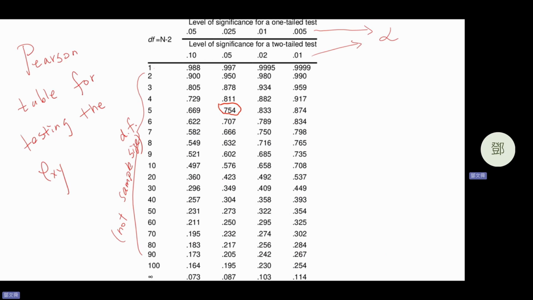The critical value is 0.754, but here the row is 5. Why? Because here it is the degree of freedom, while in the previous table it is the sample size.